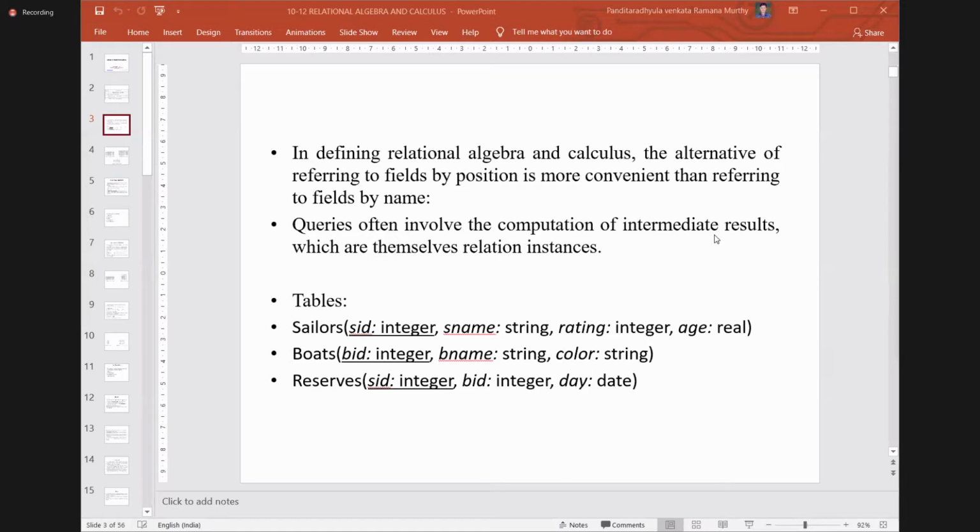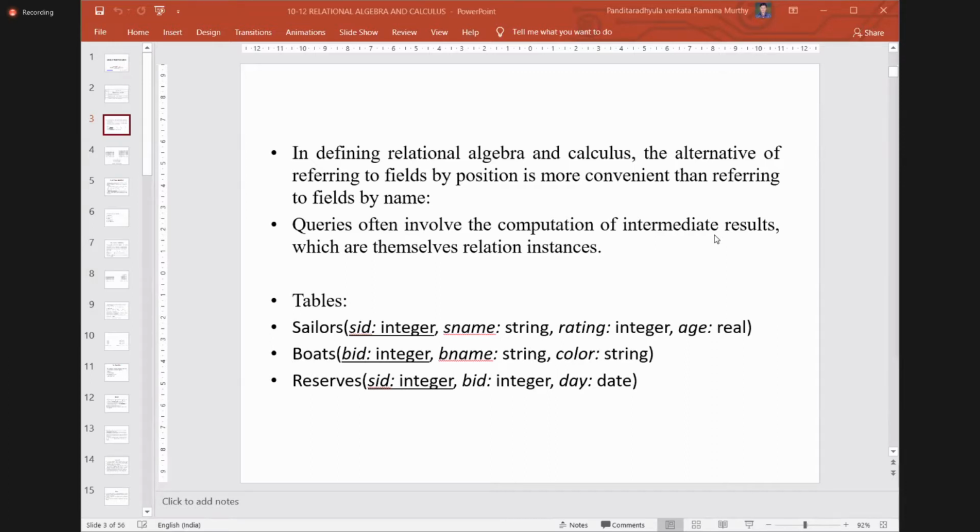That means we have a set of Sailors where the data is sailor ID, sailor name, maybe the rating of the sailor, and the sailor's age.